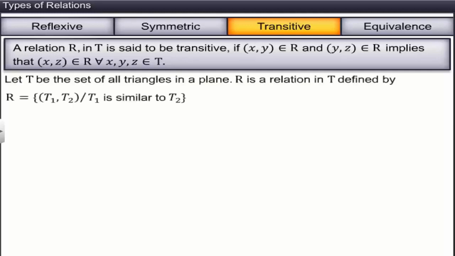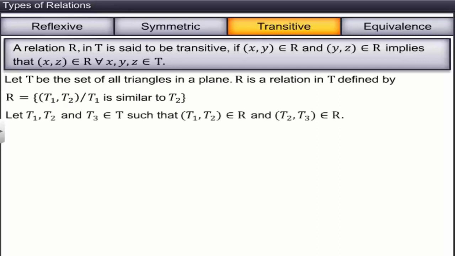Let's check the transitivity of the relation R in T, which is defined by the set of ordered pairs (T1, T2) such that T1 is similar to T2. Consider the ordered pairs (T1, T2) and (T2, T3) in set R. By definition, T1 is similar to T2 and T2 is similar to T3.